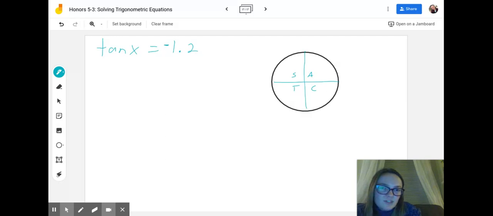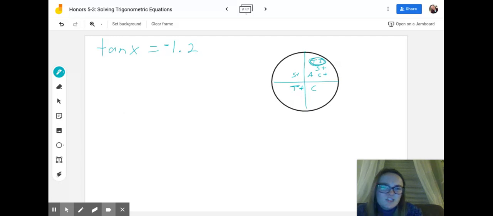In the all section, every single function is positive, so tangent is positive, sine is positive, cosine is positive. And so in that first quadrant, tangent's positive. In the second quadrant, it starts with an S, which is really trying to say that sine is positive. In the third quadrant, it says T, which means tangent is going to be positive here.